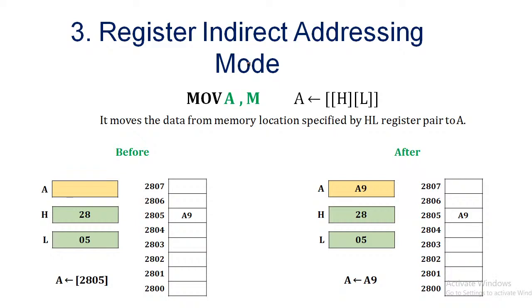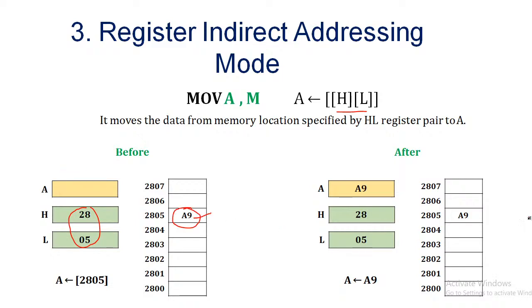Okay, let's have some example here. I am talking about the HL register. You know the HL register pair will contain the address of the next instruction. Now the present instruction is containing 2805, and the value present there is A9.